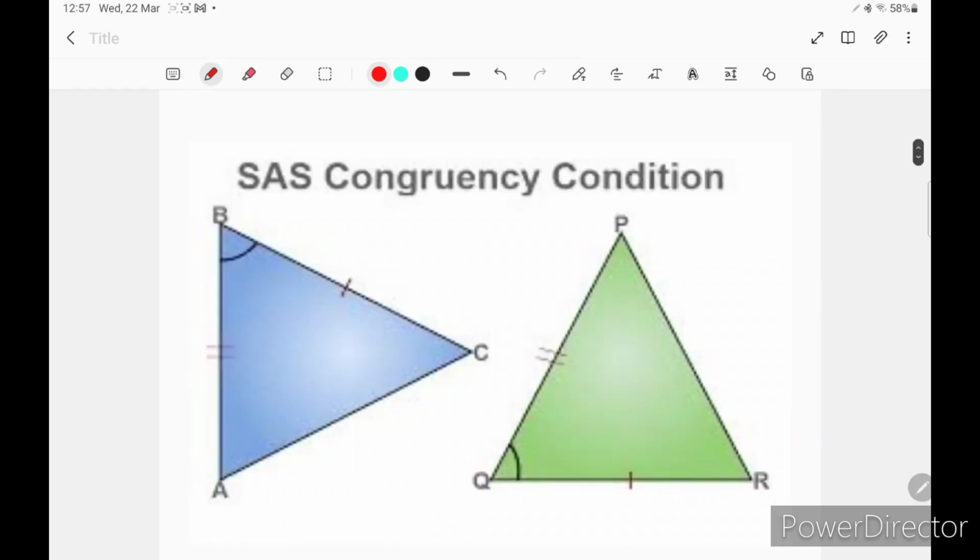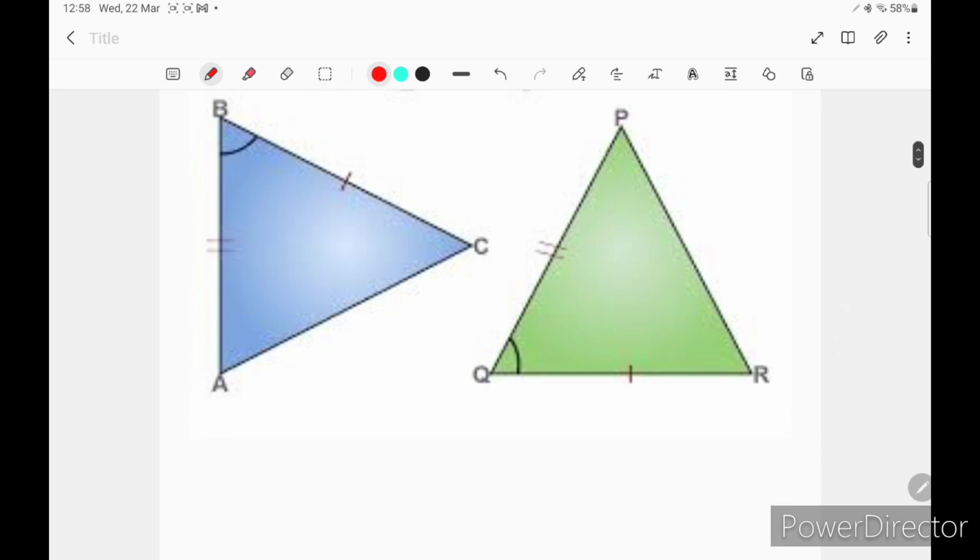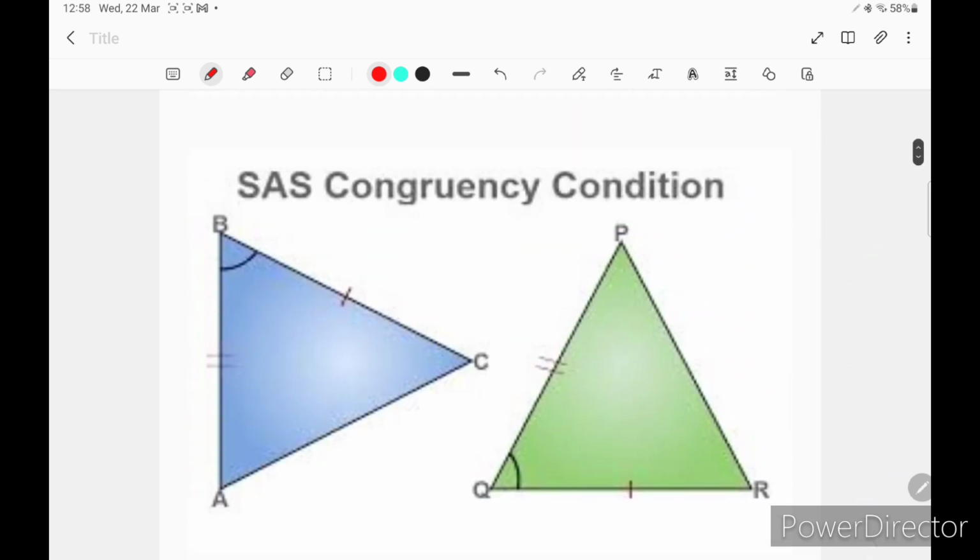Next criteria is your SAS criteria, as it is shown by the name SAS. That means two sides are equal and one angle is equal in two triangles. Then the triangles are congruent. How to prove? You have to write like this. In triangle ABC and triangle PQR, what is given?